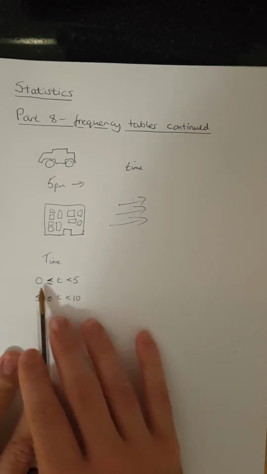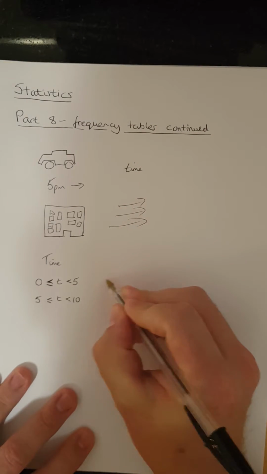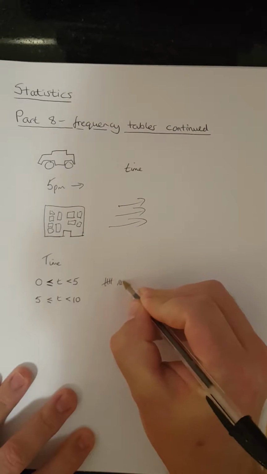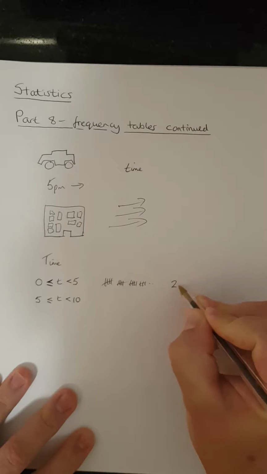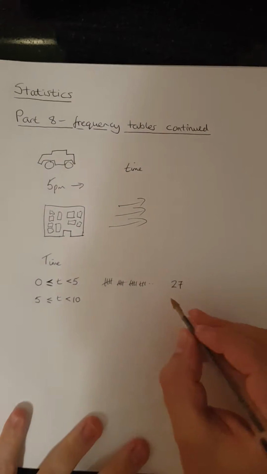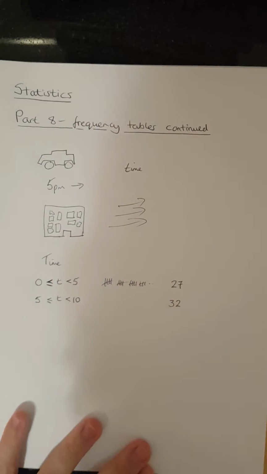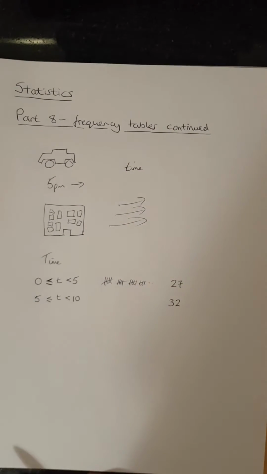So this interval covers for the fact that I can't record the exact time, because lo and behold, when I wrote it down, there were loads of them. There were 27 left in the first 5 minutes, and there were another 32 that left in the next 5 minutes. Too many for me to record the actual times.